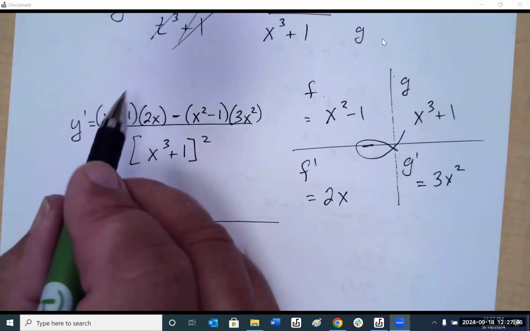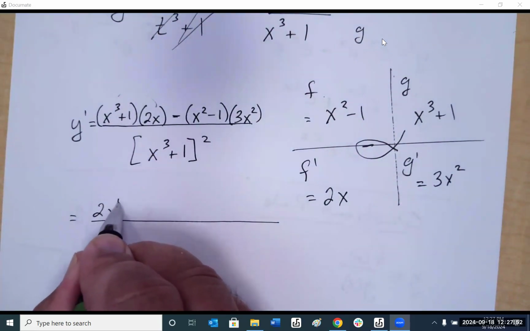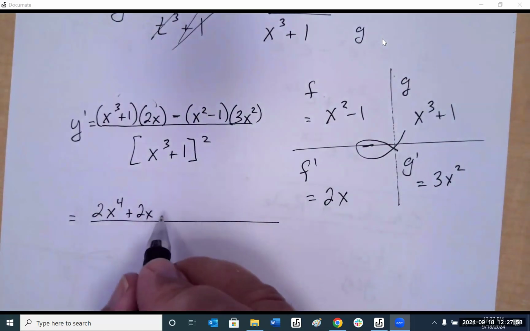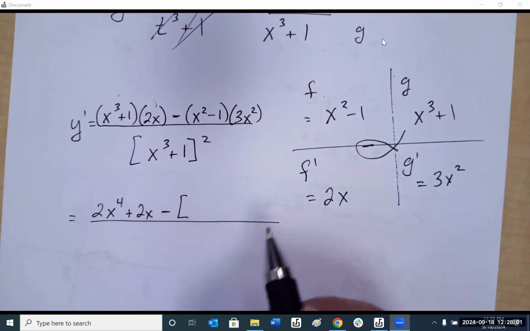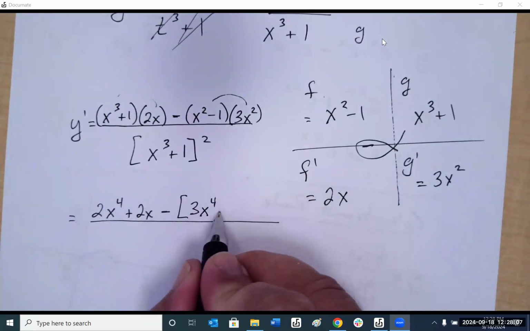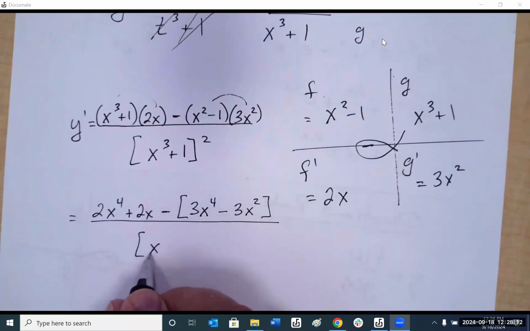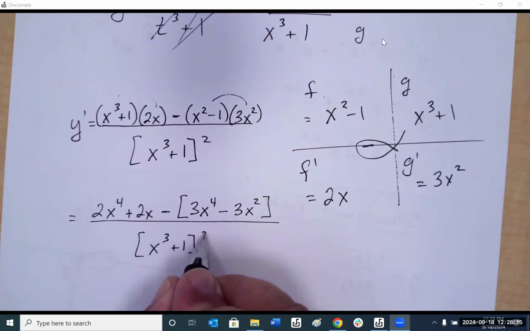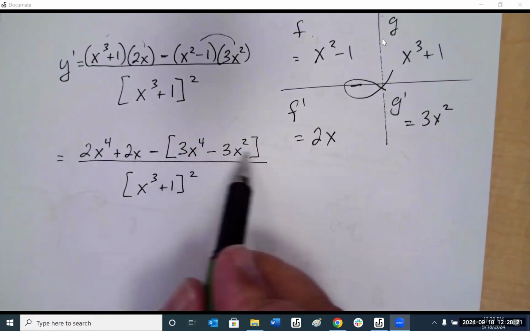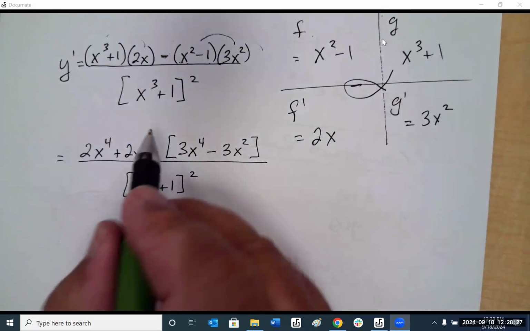Let's get rid of the parentheses. So we have 2x times x cubed, which is 2x to the 4th, 2x times 1 is plus 2x, minus 3x squared times x squared is 3x to the 4th, minus 3x squared. I needed to put this in brackets because that minus sign is still out there. I just multiply these two together, because my next step is distribute.